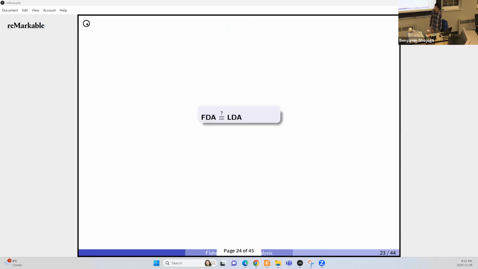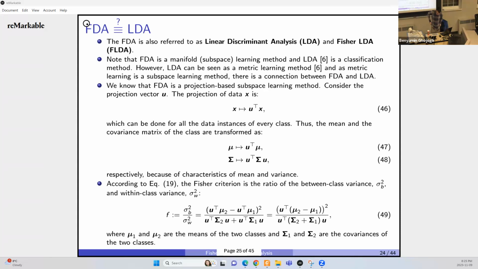Interesting. Now let's see why people use FDA and LDA interchangeably in the literature. Even in scikit-learn, there is the same library, LDA, for both LDA and FDA. FDA is also referred to as linear discriminant analysis, LDA, or Fisher's linear discriminant analysis, FLDA. So what is that?